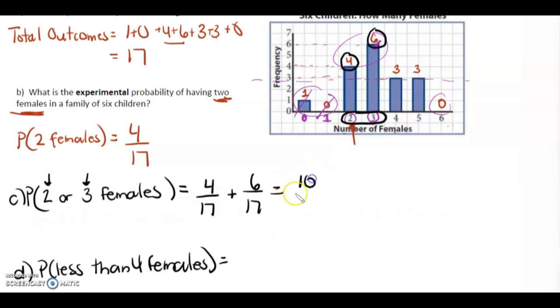So a total of 10 out of 17 families have either 2 or 3. Okay, and we add these because we're talking about different scenarios here. So we're saying, what's the probability of this or this happening? Okay, so we're adding them.